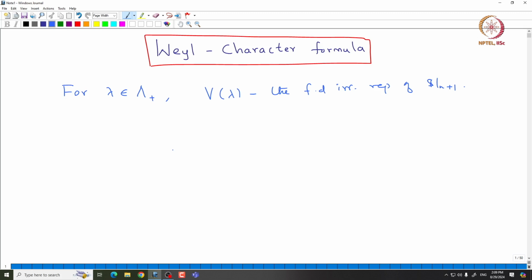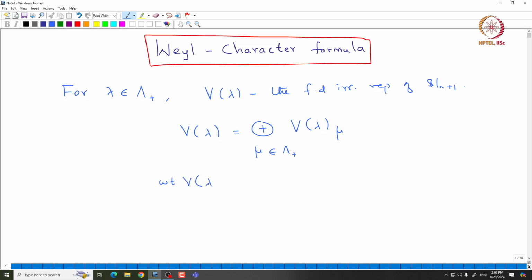So, we know that the Cartan algebra acts diagonally, that is semisimply, on this V of lambda. In particular, we can write this as a direct sum of V lambda mu, where mu comes from lambda plus. And we also define the weights of this V of lambda.